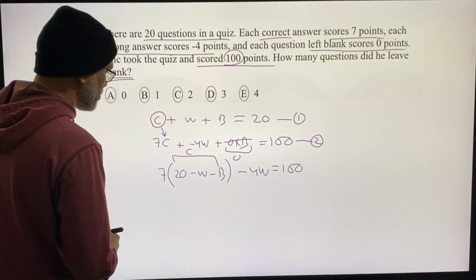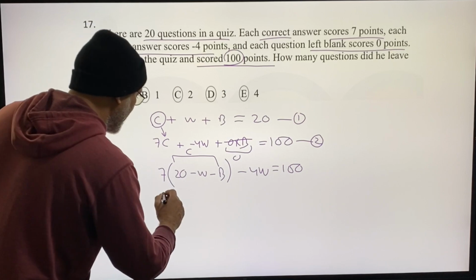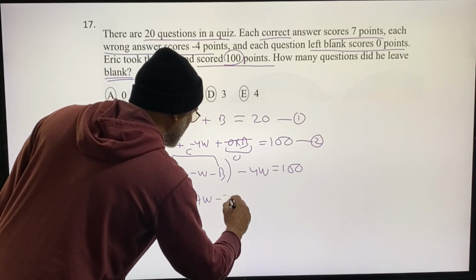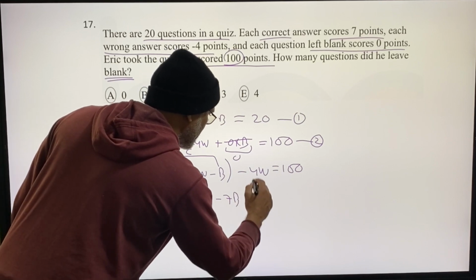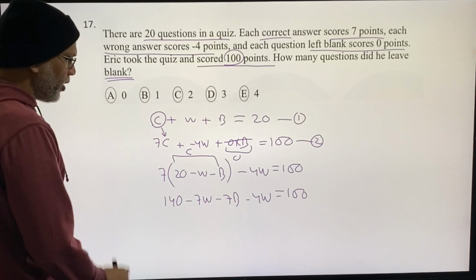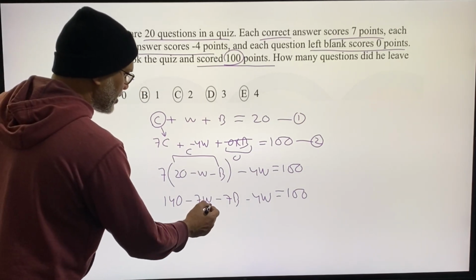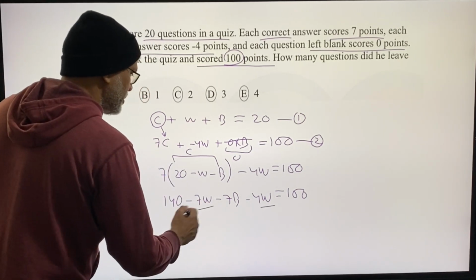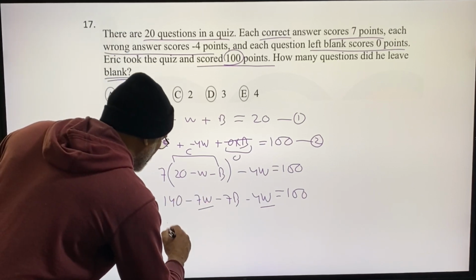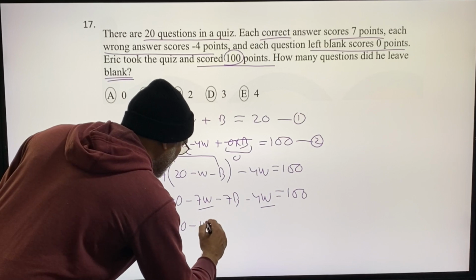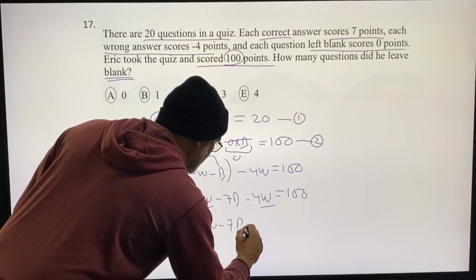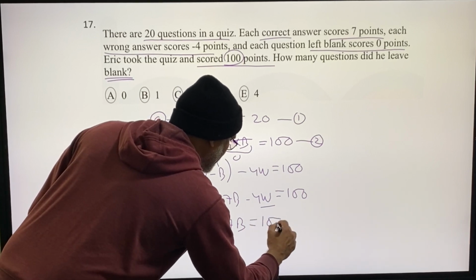So let me try to do some simplification. First, I'll open the bracket. So this is 140 minus 7W minus 7B, minus 4W, which should be 100. I'll collect the like terms, so this is 140 minus 11W, since 7 plus 4 is 11, minus 7B is equal to 100.